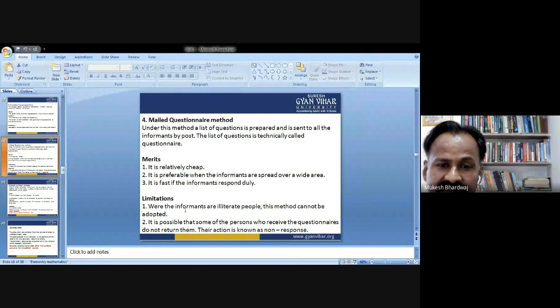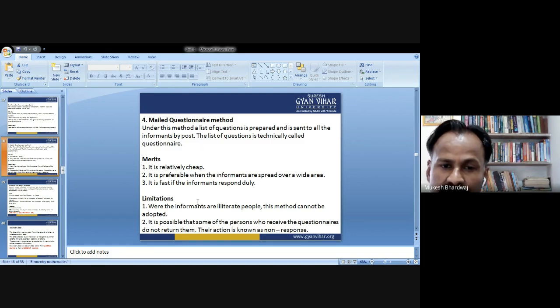If you are not responding, if you are taking casual, then it comes under the demerit. So the demerits and limitations: where the informants are illiterate, this method cannot be adopted, because you are going to mail the questionnaire and asking the information, and the person in front of you is not literate and they are illiterate people, then they are not going to give the response of your mail questionnaire, and your survey is not going to complete.